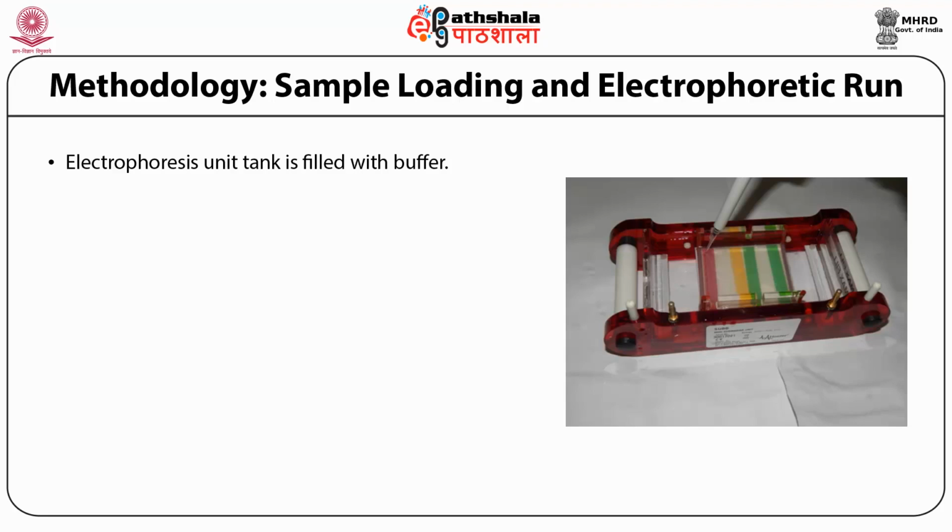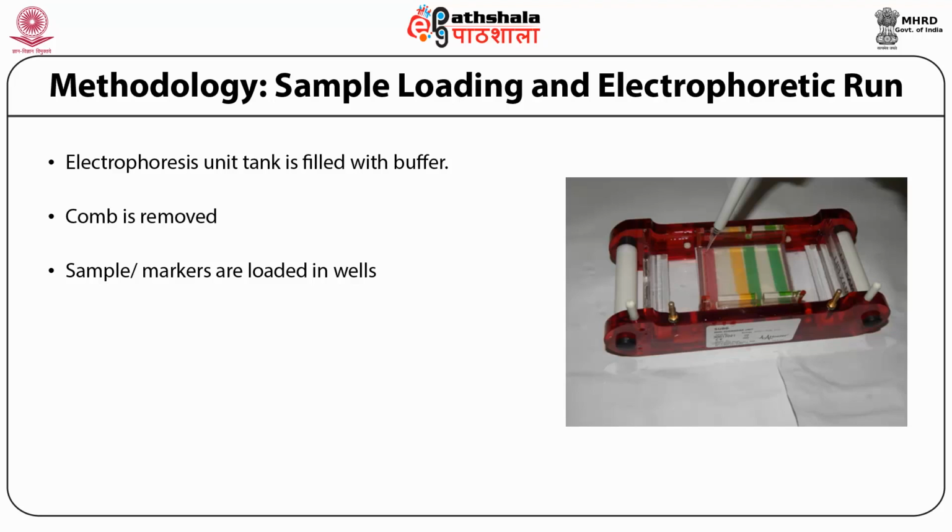Then the gel is placed in the electrophoretic unit, the comb is removed without any damage to the wells, and sample is loaded in the wells created by the comb in the gel by using a dispenser. Molecular markers or DNA ladders are usually loaded in the first or the last well. The electrophoretic chamber is then covered with a lid.